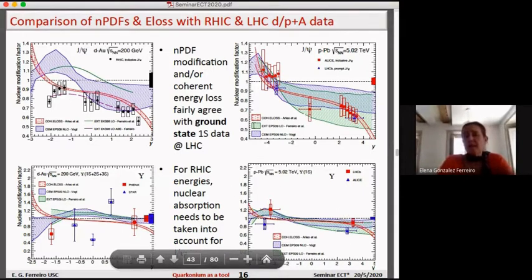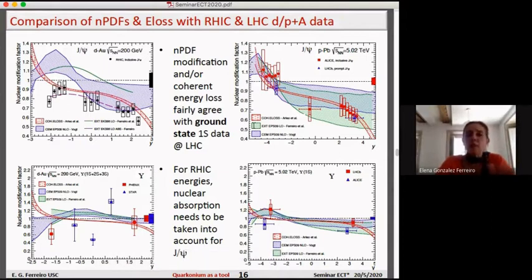And in any case, as a conclusion of these nuclear PDFs, the ground state data is fairly reproduced by this kind of interactions, in which concerns just the ground state. So I mean the J/psi or the upsilon 1S at LHC.